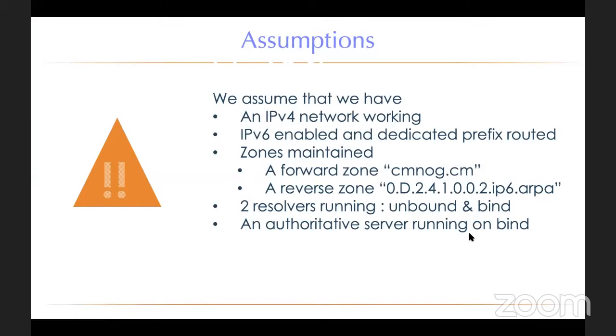IPv6 is enabled and we have a dedicated IPv6 prefix routed, and we maintain a forward zone called cmnog.cm and a reverse zone for IPv6. We have two resolvers running, one running unbound and the other one running bind. And we have one authoritative server running on bind.